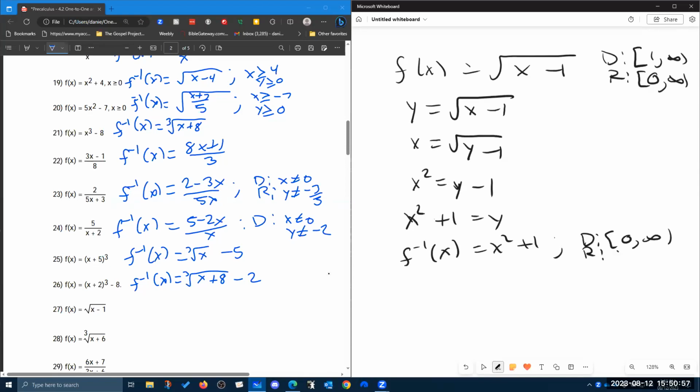The range has to be 1 to infinity. Inverse of x is x squared plus 1 as long as x is greater than or equal to 0.